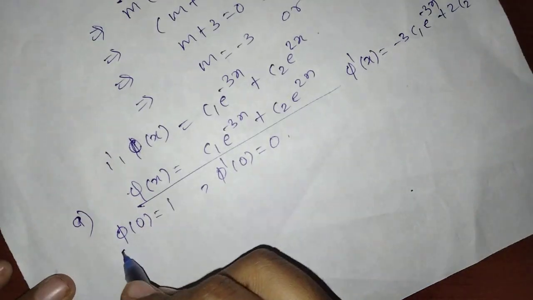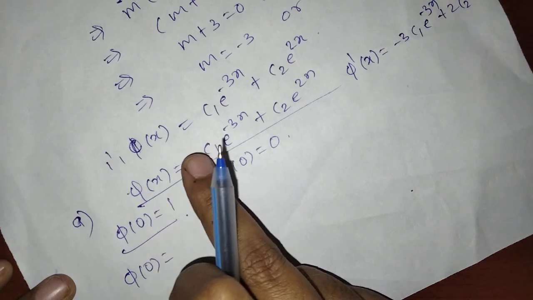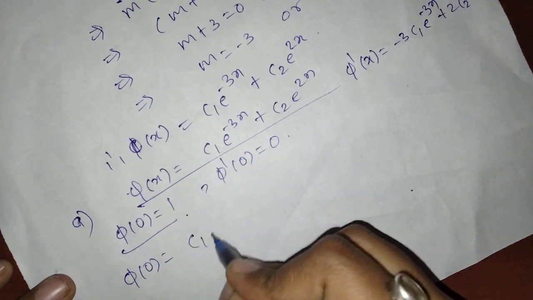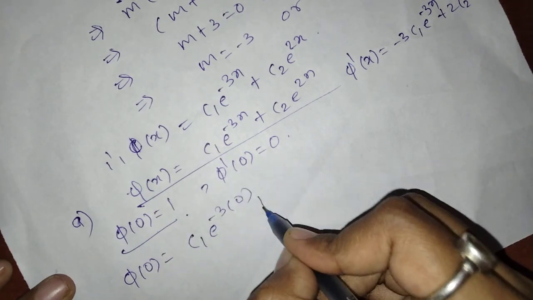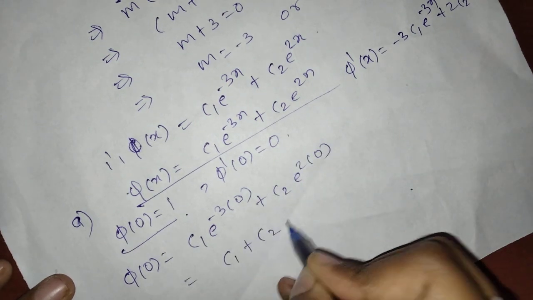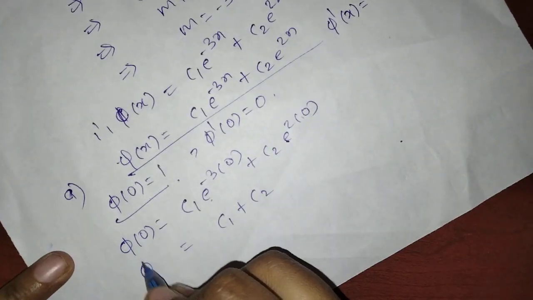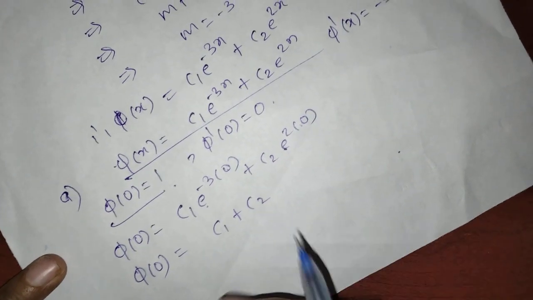So phi(0) = 1 means put phi(0) = 1 in this equation, we get c1 e^(-3*0) + c2 e^(2*0), which implies c1 + c2, because e^0 is 1. So phi(0) = c1 + c2.